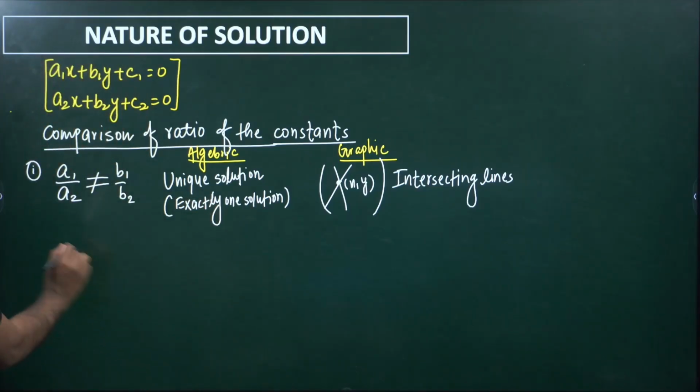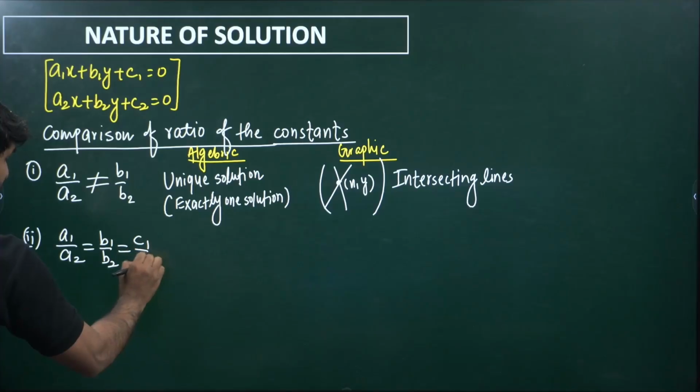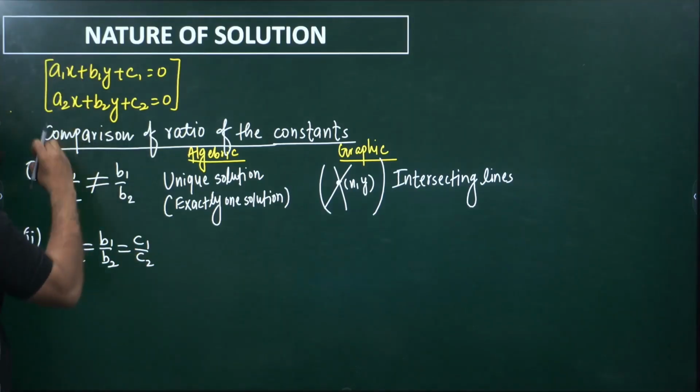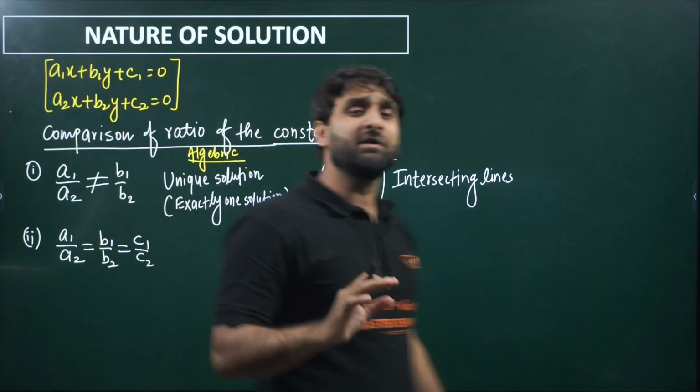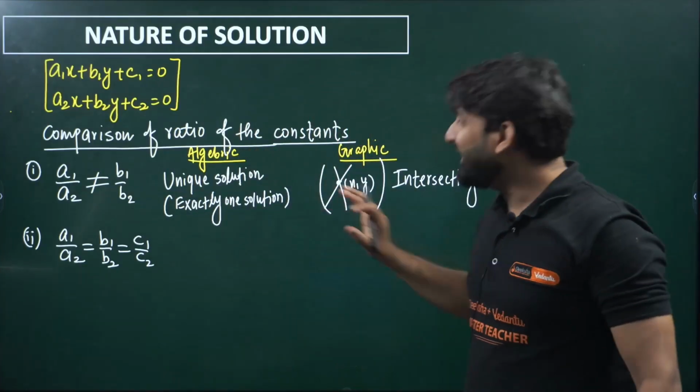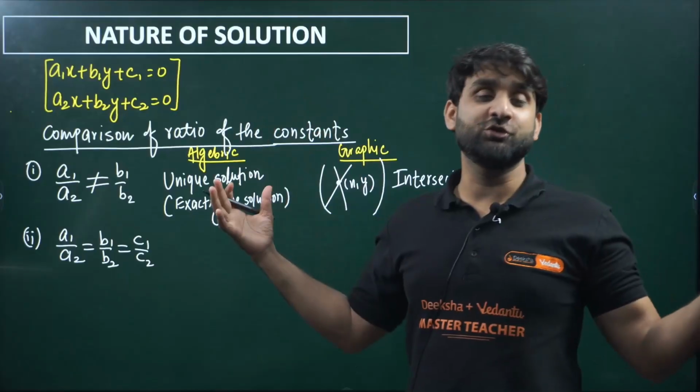Clear everyone? Okay. Second condition is, if A1 by A2 is equal to B1 by B2 is equal to C1 by C2. All the ratios are equal to each other. It implies that algebraically there will be so many solutions.